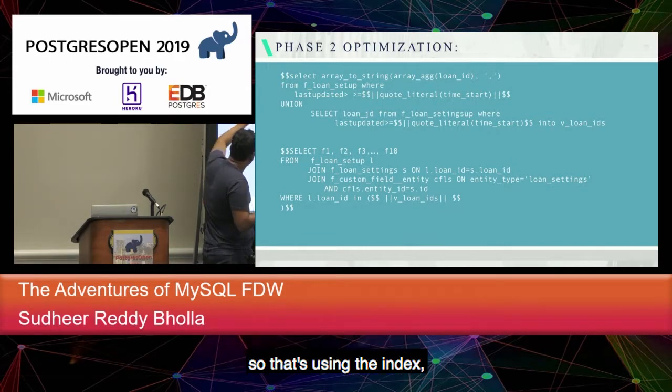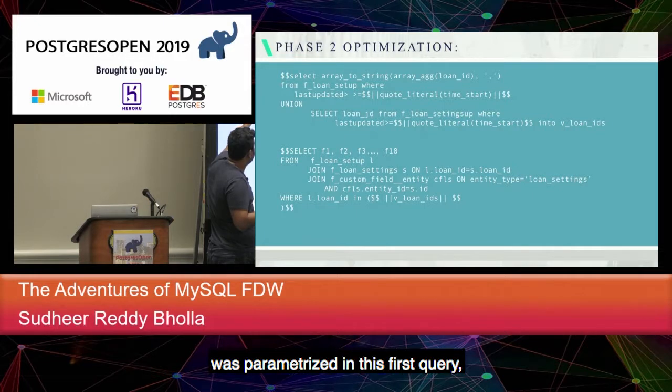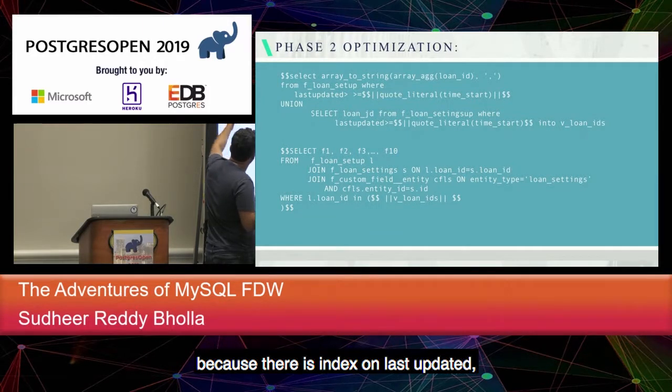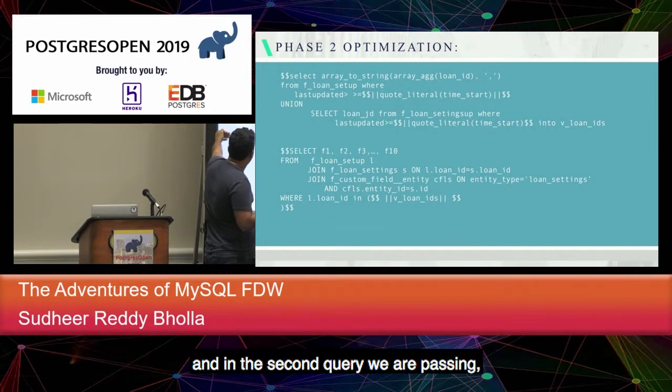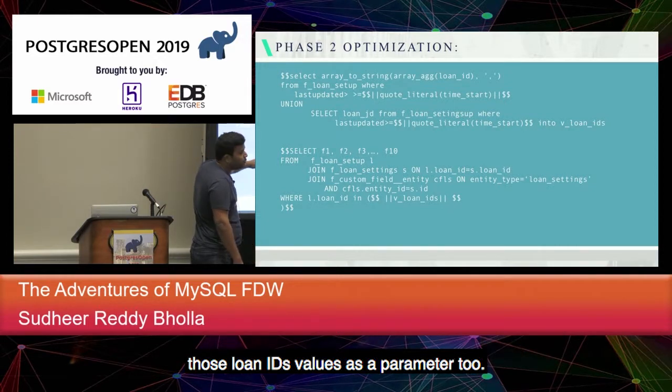That's using the index, because the loan now value was parameterized in the first query, and the first query is pretty fast because there is an index on last updated and we were using that. Then we stored those index values in a parameter, and in the second query we are passing those loan IDs as a parameter to it.